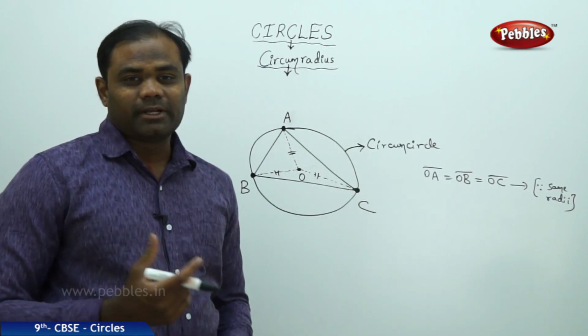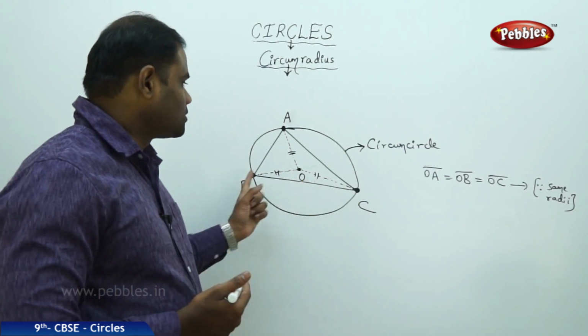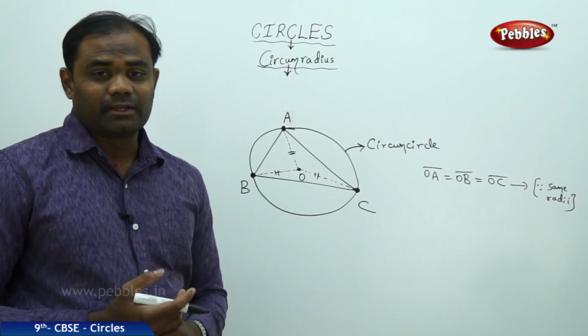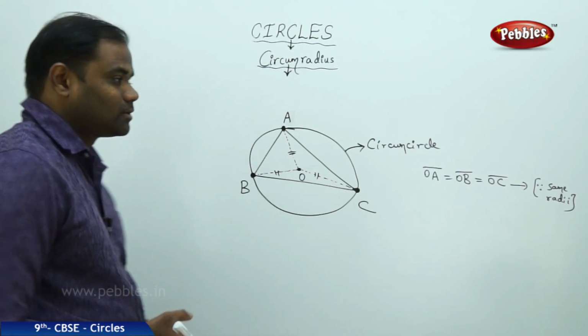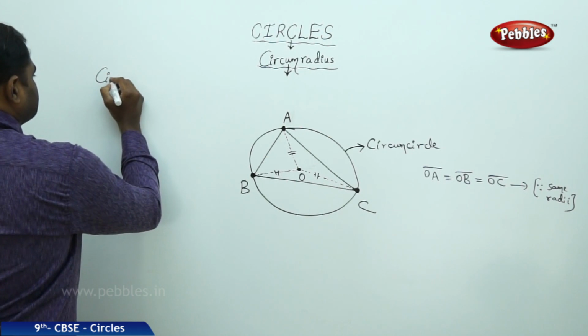Circumradius is defined to be the radius of the circumcircle. So let's come with the definition.